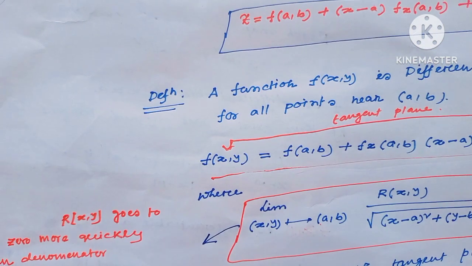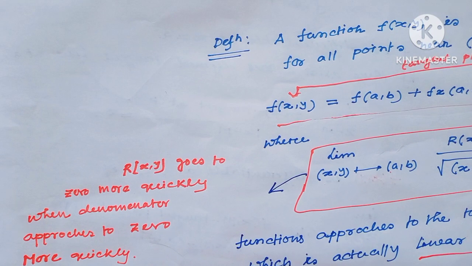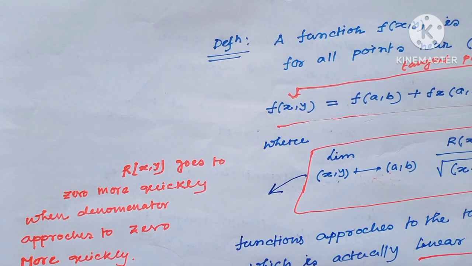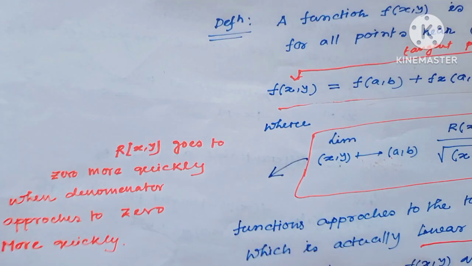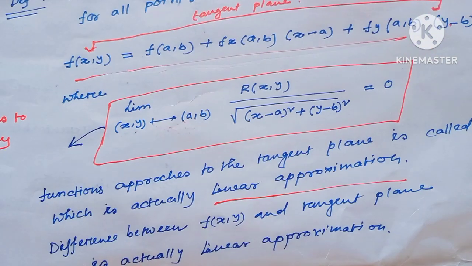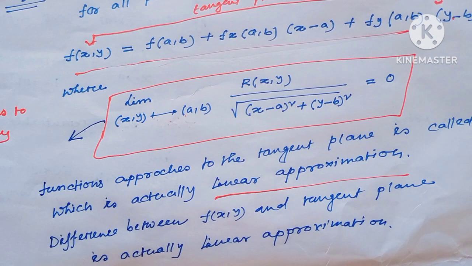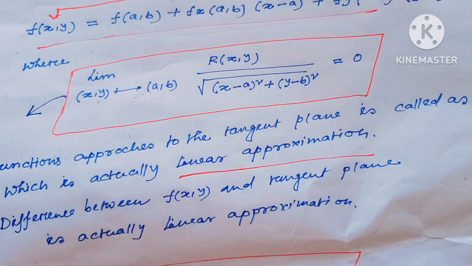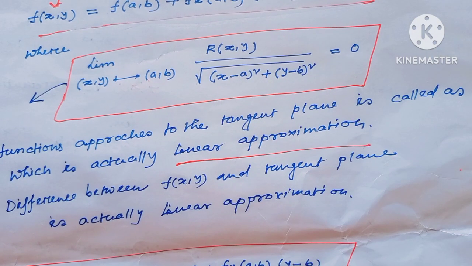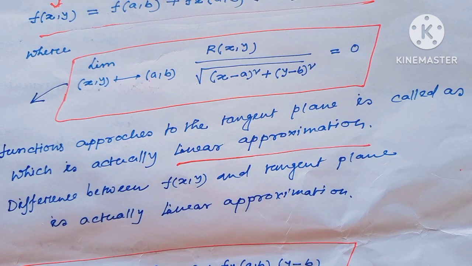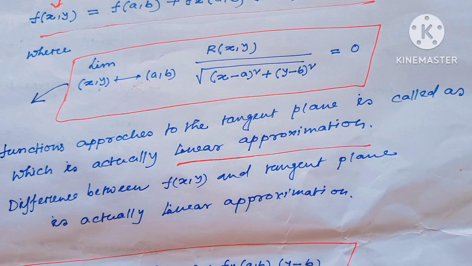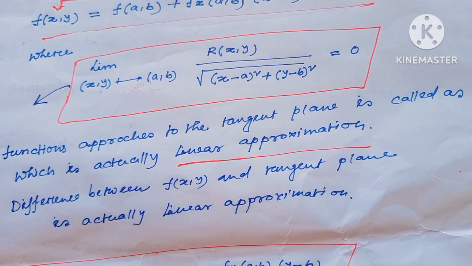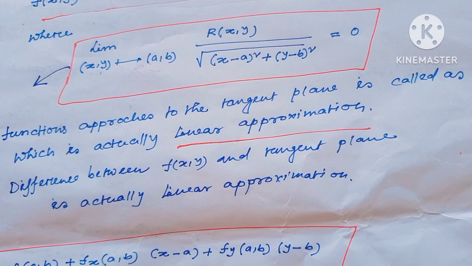And r(x,y) goes to 0 more quickly than the denominator approaches 0. The function approaching the tangent plane is actually called the linear approximation. What is the linear approximation?